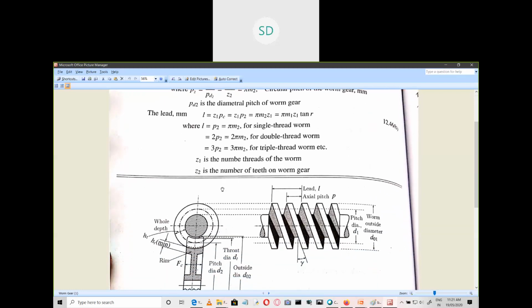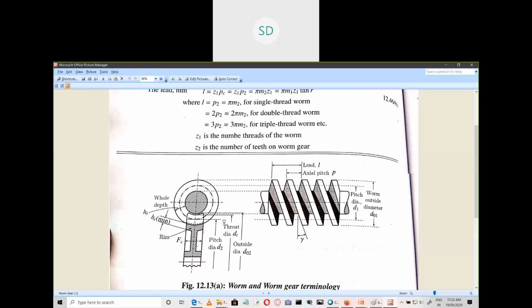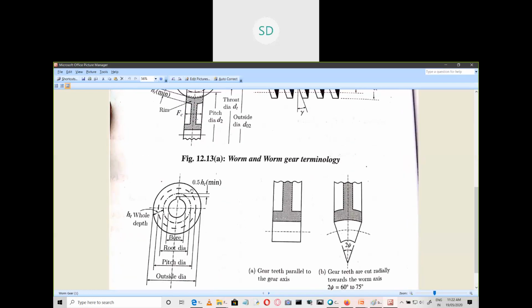Next, regarding notations, Z1 is the number of threads of the worm, that means how many threads you are going to get. Z2 is the number of teeth on the worm gear. On this worm gear, how many teeth you are going to get?